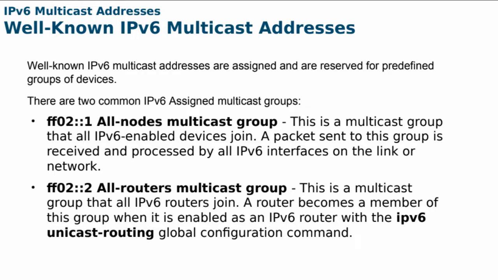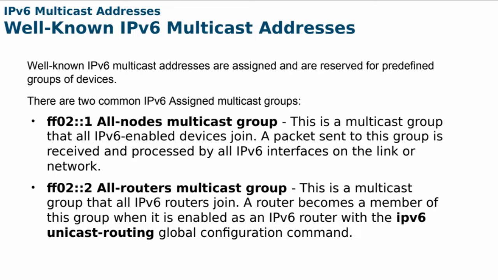These are the two common types of IPv6 assigned multicast groups. FF02::1, all nodes multicast group. Similar to broadcast, right?